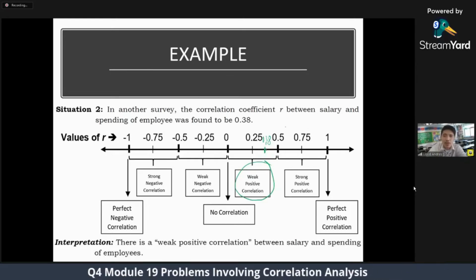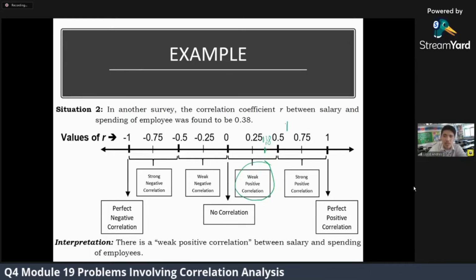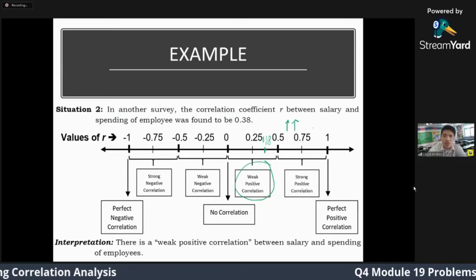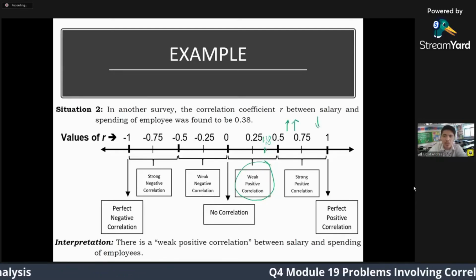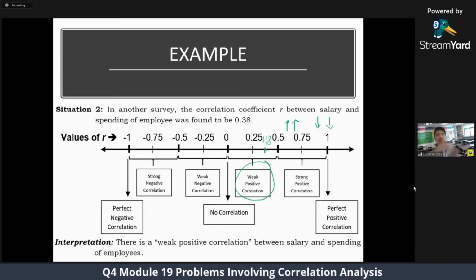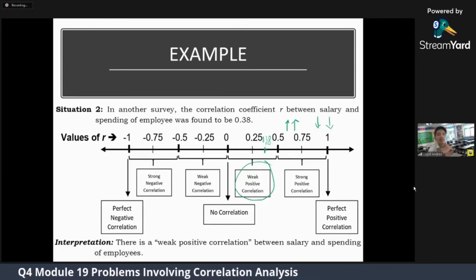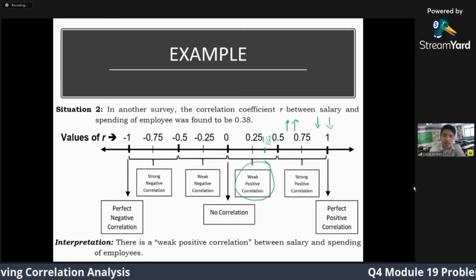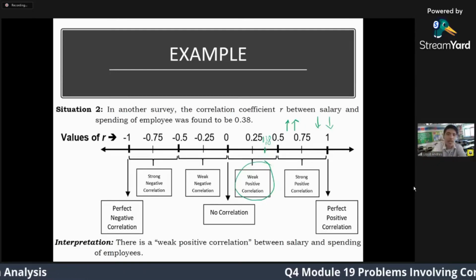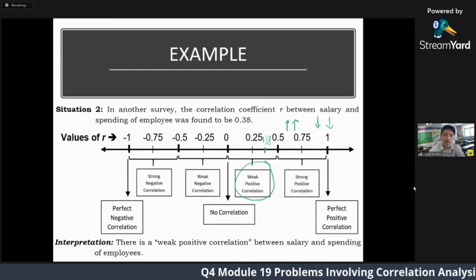Meaning, positive ang correlation, meaning, same gihapon, kung taas og sweldo, dako pod iyang spend. Kung gamay sweldo, gamay ra pod iyang spend. But weak lang, dili kaayo ka-related sila. Di pareha atong kanina nga strong ang ilang relationship. Kani weak lang, dili kaayo. Positive sila pero dili kaayo.